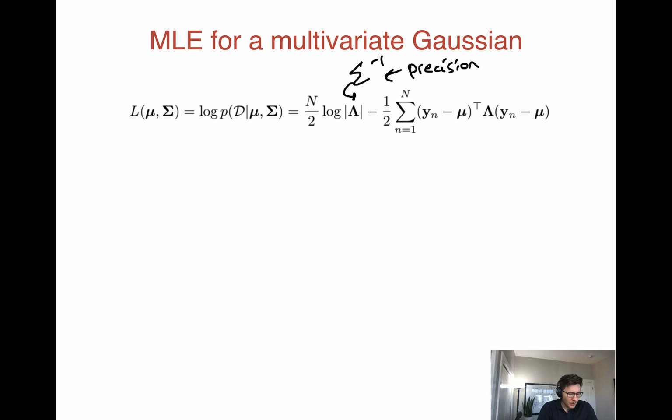So that's our first term. Here's our second term. This is just our normal Gaussian term where we've taken the log, so the exp went away, and instead we get a negative 1/2 out in front.